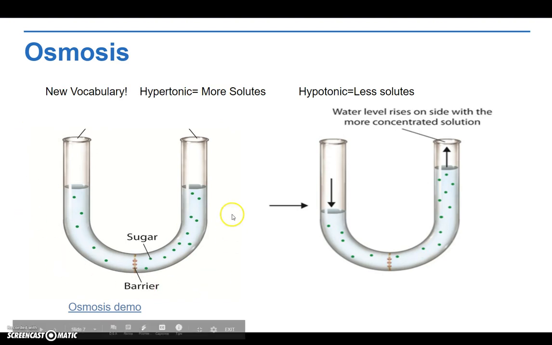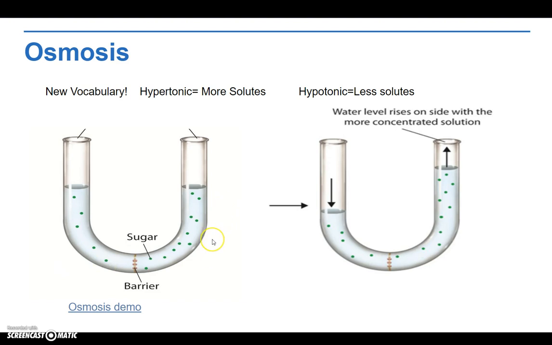So look at this first U tube. It is hypertonic on the right, there are more sugar molecules. And hypotonic on the left, there are less sugar molecules. Okay, so that is where those terms come into play.